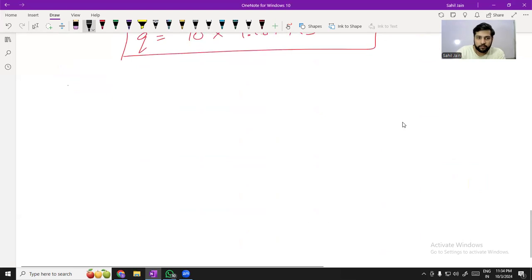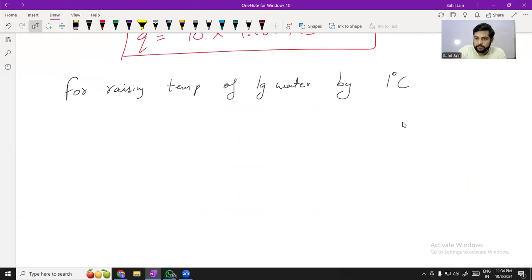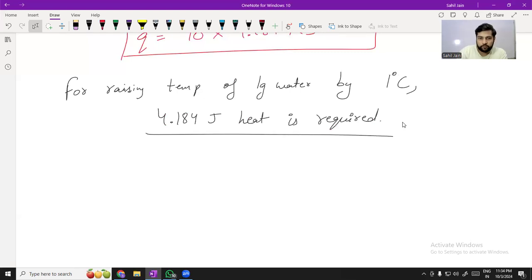Like I can say, for raising the temperature of 1 gram of water by 1 degree Celsius, 4.184 joules of heat is required. I hope you get this.